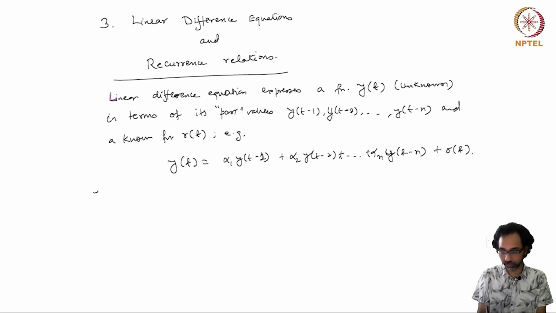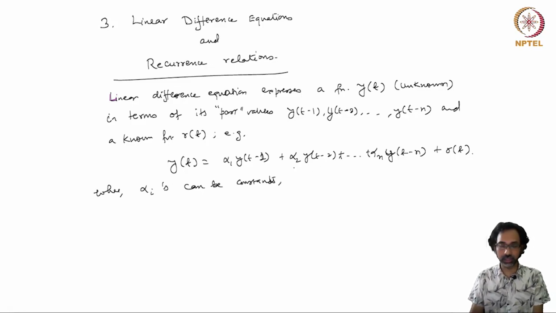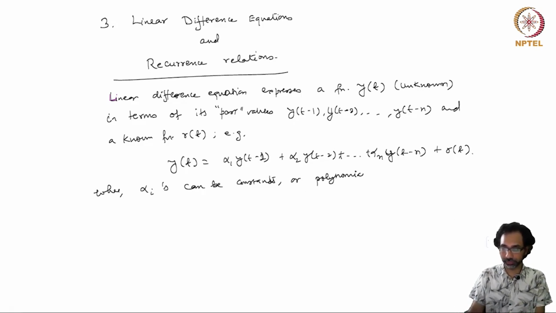Here the alpha i's can be constants, in which case this is a linear difference equation with constant coefficients, or polynomials in t also. So just as in the case of a differential equation, you can have constant coefficients or polynomial coefficients for the linear difference equations.